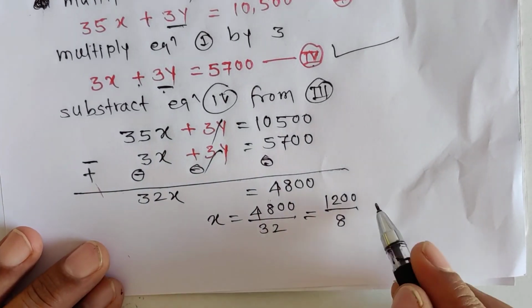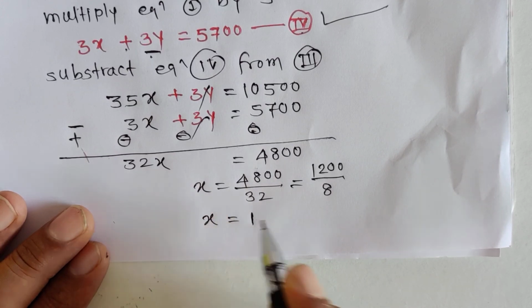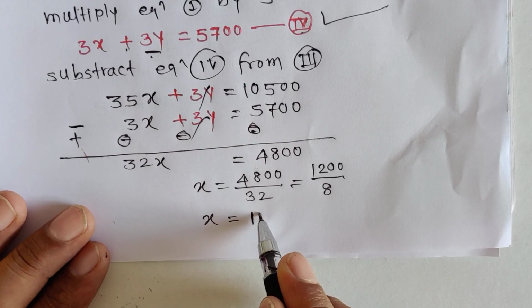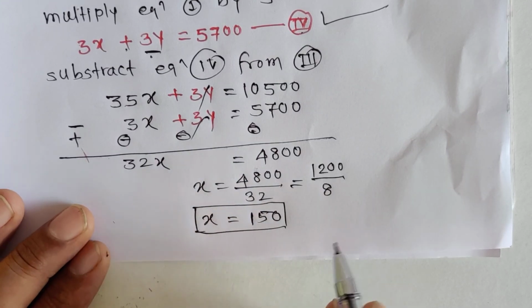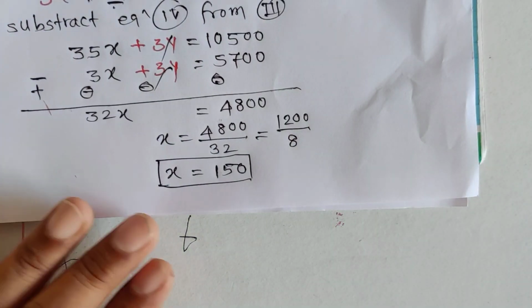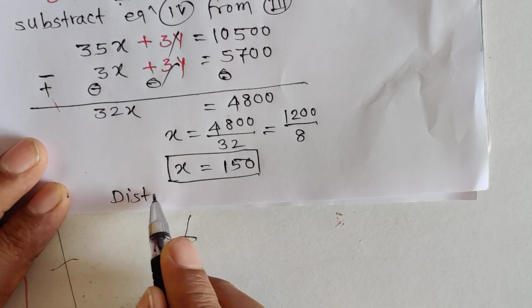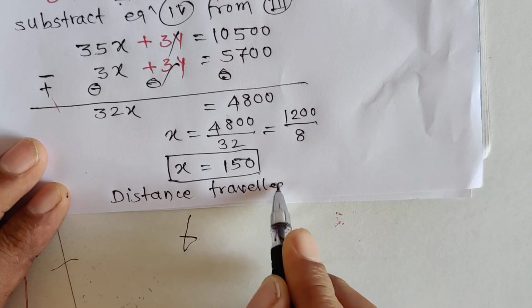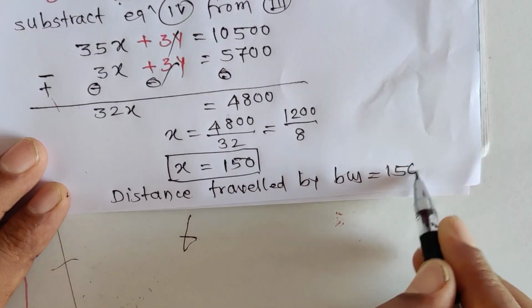Now divide by 8, so we get x is equal to 150. So x is equal to 150 means the distance traveled by bus. So the final answer: the distance traveled by bus is equal to 150 kilometers.